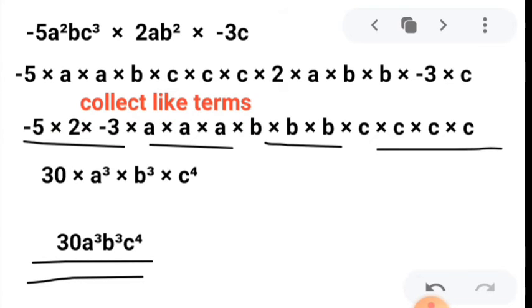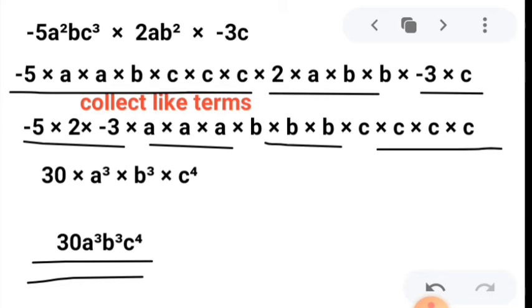Now we have another expression. We have minus 5a raised to the power 2 b and c raised to the power 3, multiplied by 2ab raised to the power 2 and minus 3c. We first of all expand, as we have seen. When we expand minus 5a raised to the power 2 b and c raised to the power 3, we get this. When we expand 2ab raised to the power 2, we get this, and when we expand minus 3c, we get minus 3 times c.